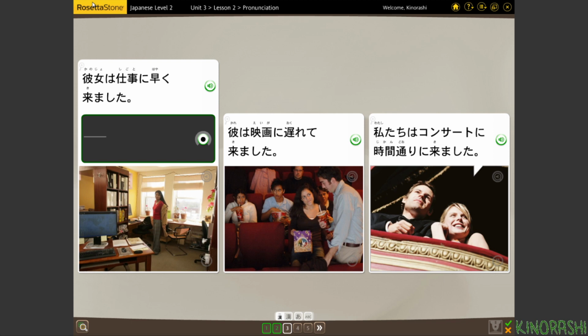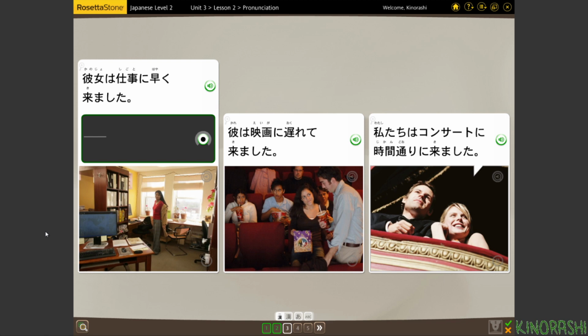Haiku, that was fast, but could that mean early in this case? Fast or early, okay. So let's see, is there a different kanji for the same word? Let's check.